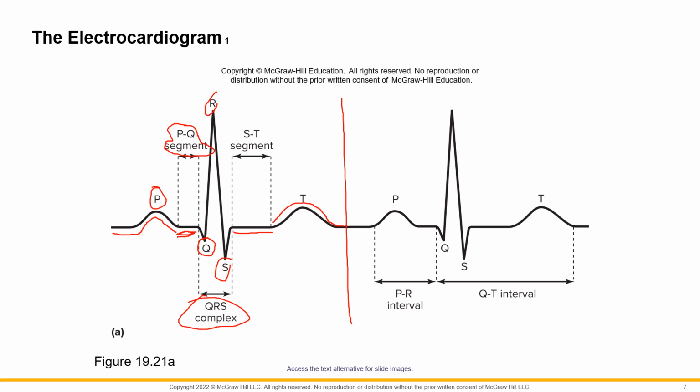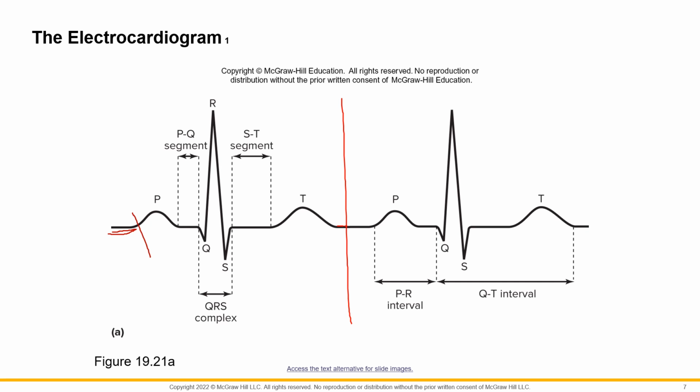So I'm going to take the eraser and erase these scribbles so we can go over this one more time. So we're going to start off with the plateau, which is the last part of the previous cardiac cycle. Now this is where the sinoatrial node depolarizes.